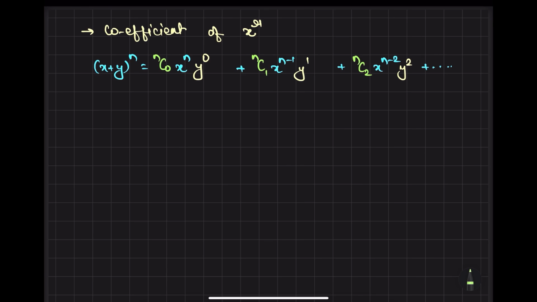Suppose that, in a general way, I want to find the term having c taking the lower subscript as r. So what I should do is go with nCr, x something, y something.